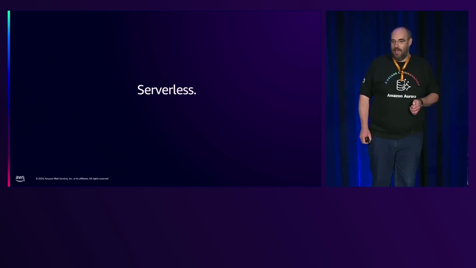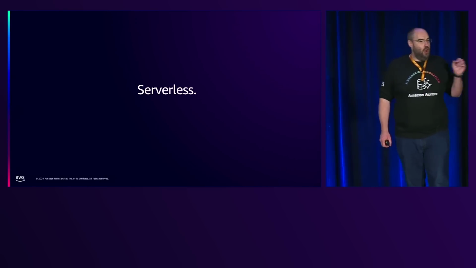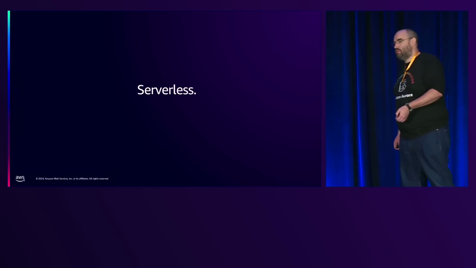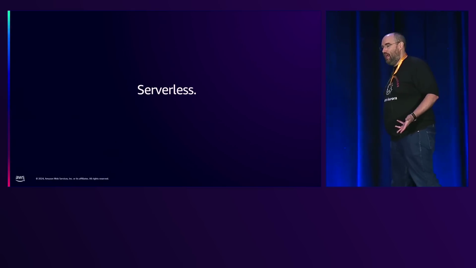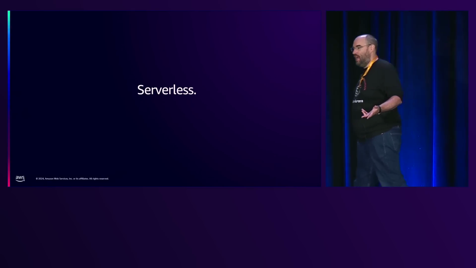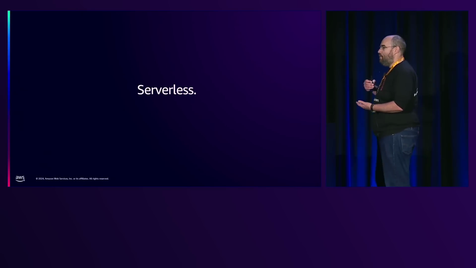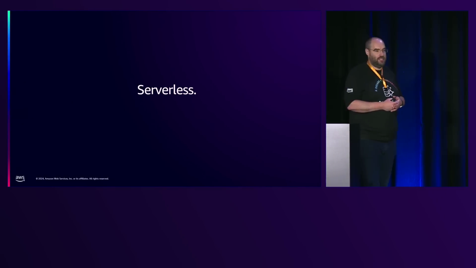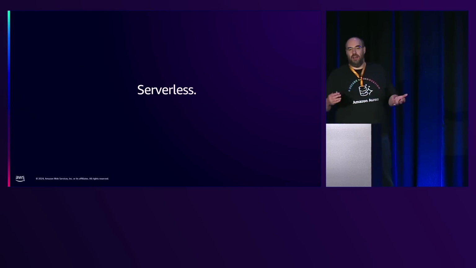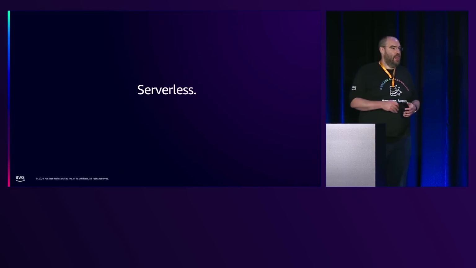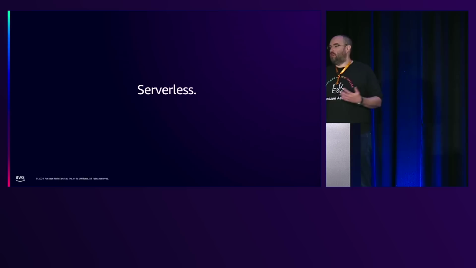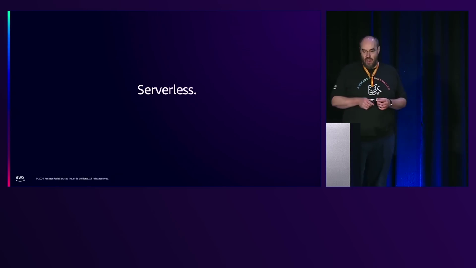Like DynamoDB, like Lambda, right? No infrastructure. You go to the console, you go to the CLI, you create an endpoint, you start running your SQL against that endpoint. You never have to worry about patching. You never have to worry about maintenance or maintenance downtime. You never have to worry about adding read replicas. You never have to worry about any of those operational things that might go into running databases.